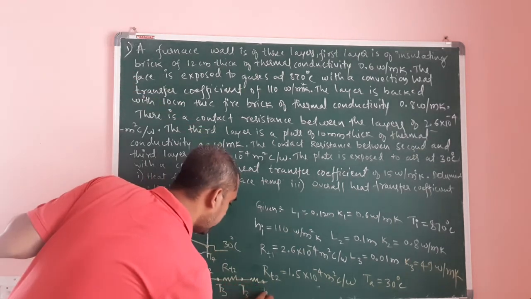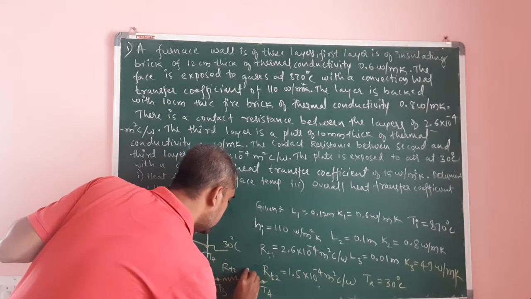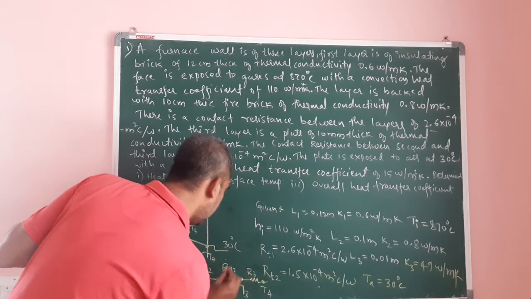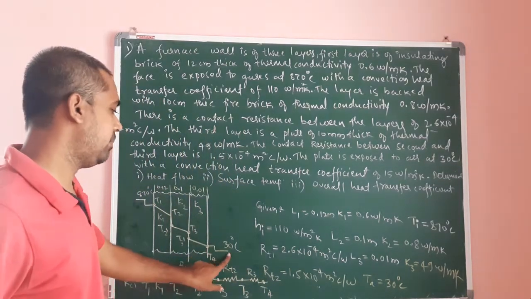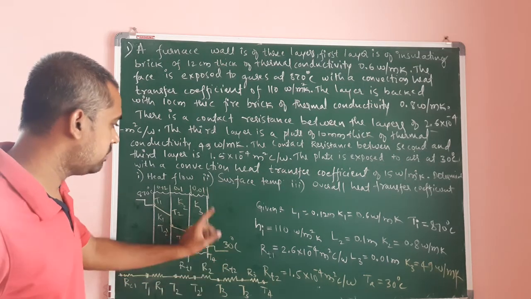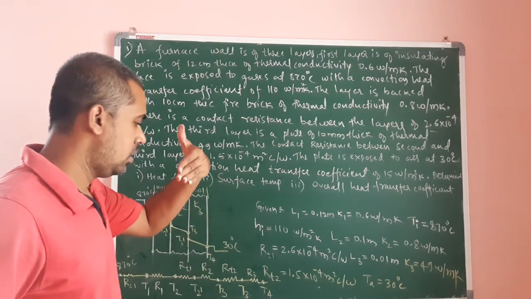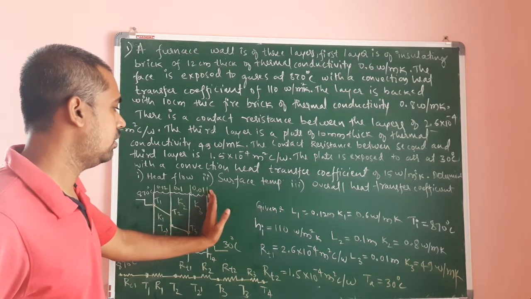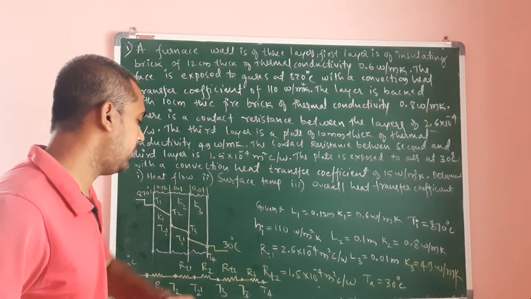This is R3. Again, from T4 to T ambient, there is from this surface to the ambient temperature. The surface of the furnace wall on this side is different compared to the ambient temperature.